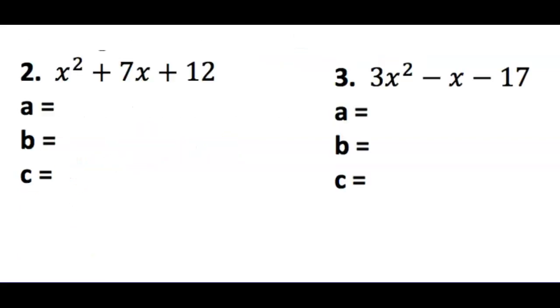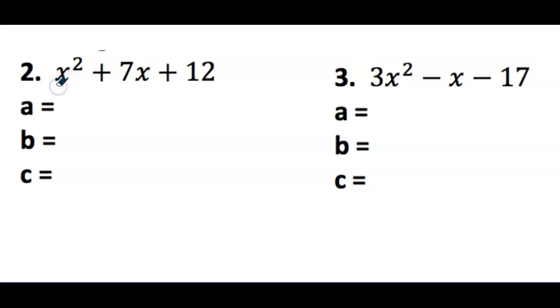Okay, now, number 2 and 3. I'd like you to right now think about what numbers are in front of the variables and identify your A, B, and C. Pause the video while you do that and then come back and see if you got the same answers I did. It's important that you pay attention to the things that we've done in the past and identify the number in front of the term.